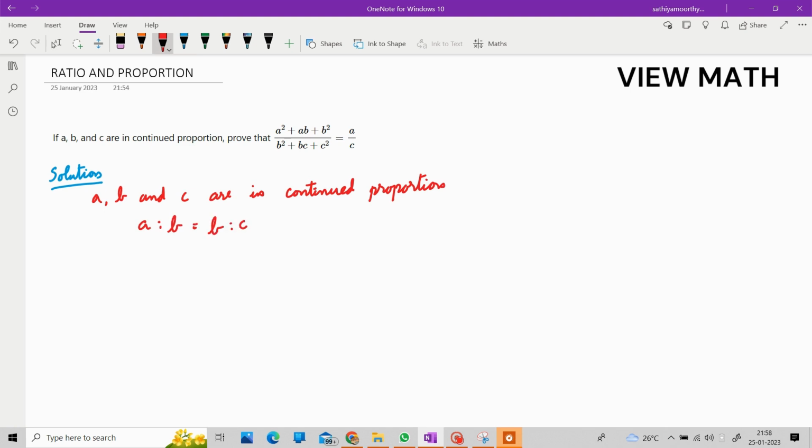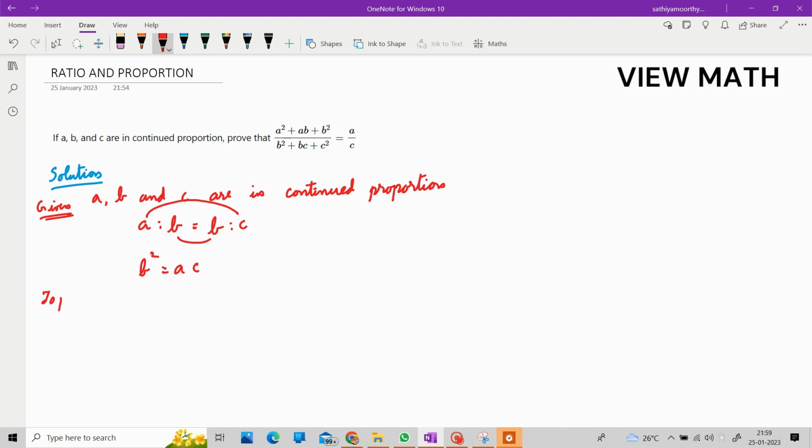So this is the thing they have given. A, b, c are in continued proportion. Therefore, a is to b is equal to b is to c. Now I can write product of the means is equal to product of the extremes. So b square is equal to ac. So from the given condition I have taken b square is equal to ac.